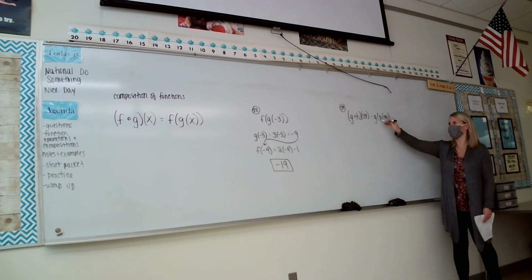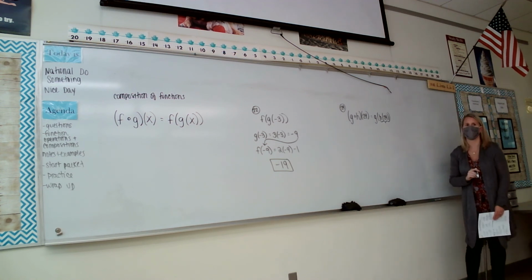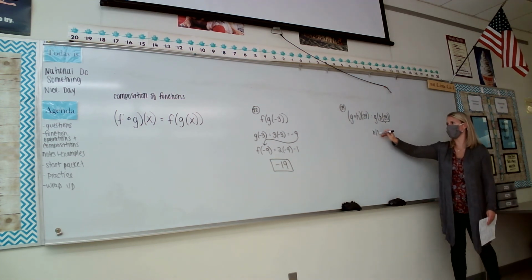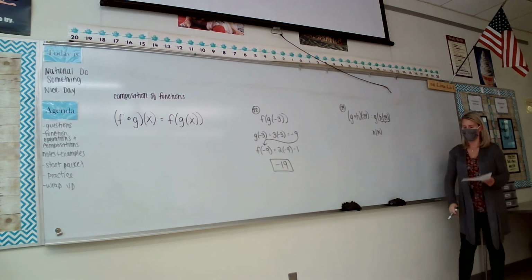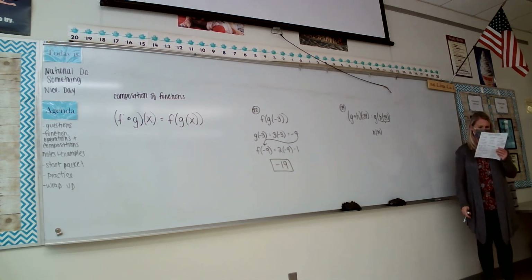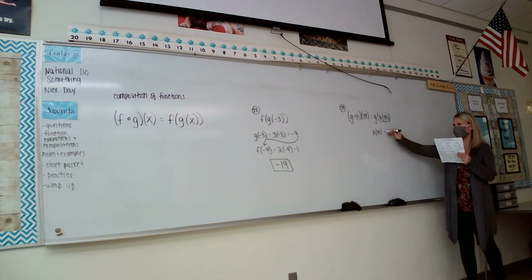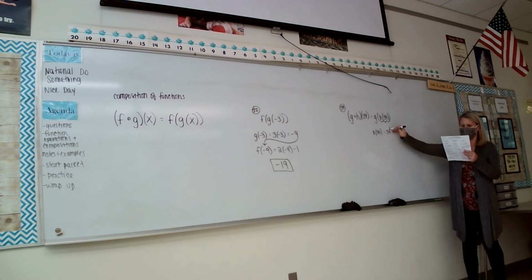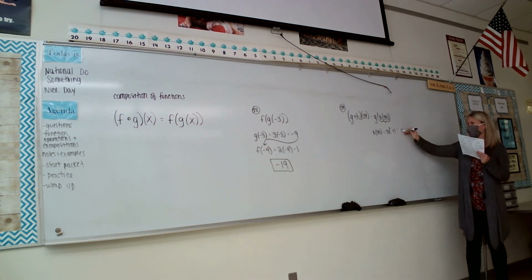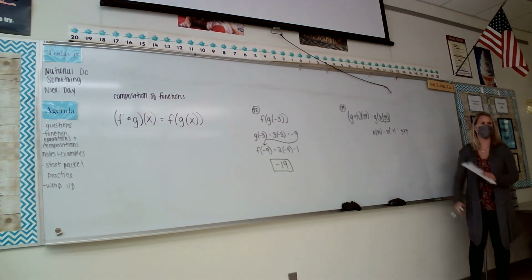I start on the inside and figure out what h of 24 is. What is h? Oh, 24 squared plus 1. You can use a calculator. I think it's 577.